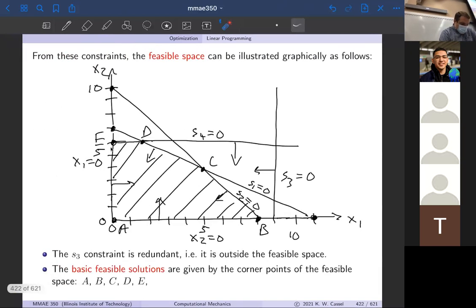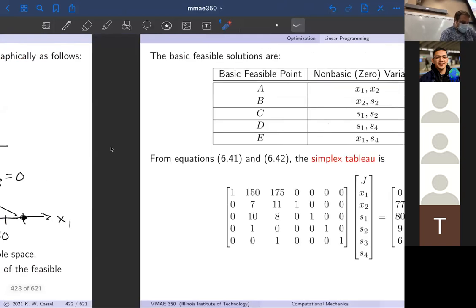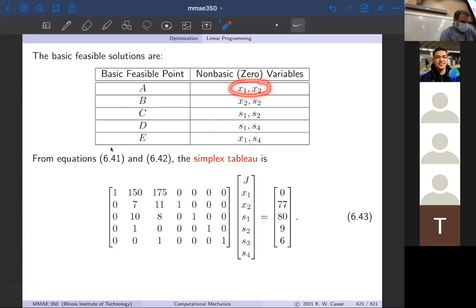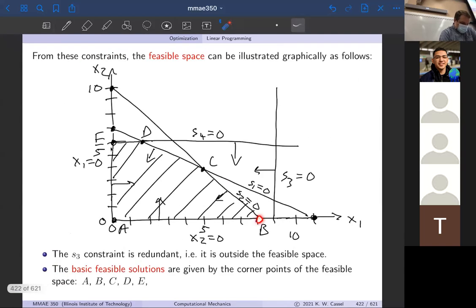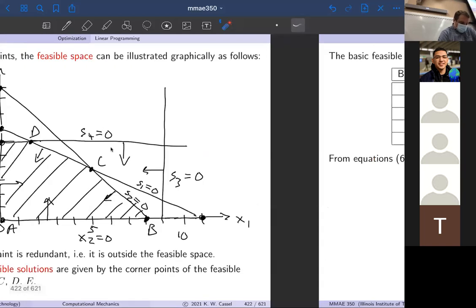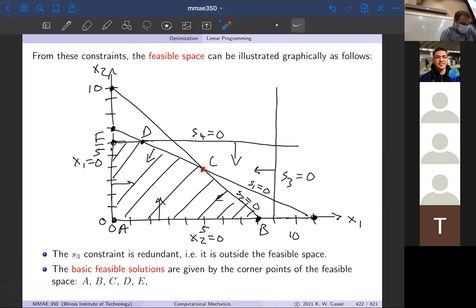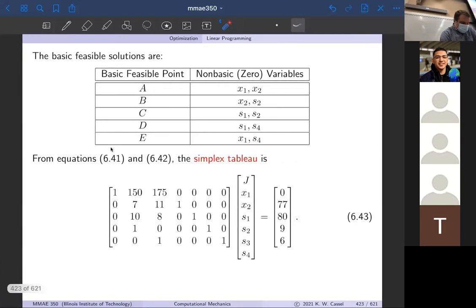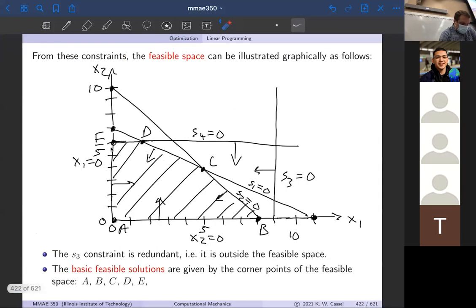So for A, that corresponds to x2 and x1 being 0. B, that's right here, corresponds to when x2 is equal to 0 and s2 is equal to 0. So x2, s2. C, that's this point right here, corresponds to when s1 and s2 are equal to 0. S1 and s2. D is when S1 and S4 are equal to 0.